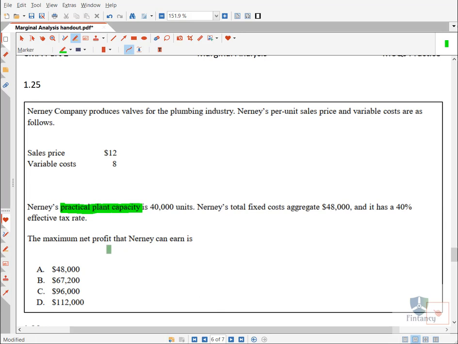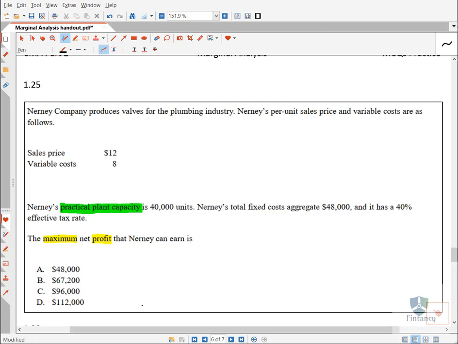You can mute yourself. Let us see this question. They are saying the maximum profit, how much you can earn. Yes, please highlight this, maximum profit. They gave you the selling price, the variable cost, the capacity, and the fixed cost also. What do you say?